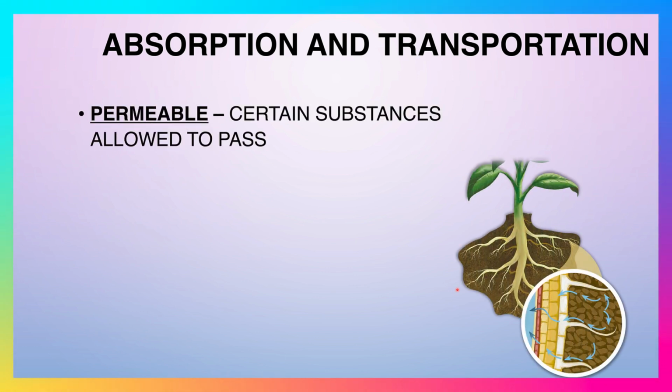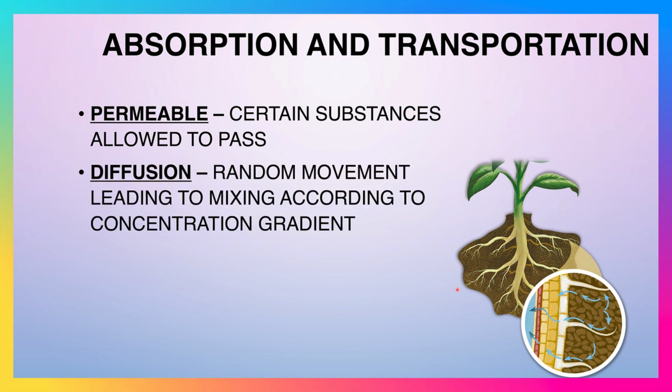So how is material absorbed and transported in the root and up the stem? First of all, you need to understand certain definitions. And one definition is permeable. Permeable means that certain substances are allowed to pass through, in this case, the root. And substances will pass through randomly if they're allowed to pass through.